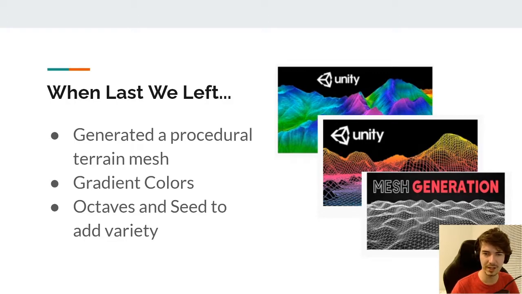We added octaves and seed to add variety to our landmass, and we started adding in a structure that would allow us to create preset biomes to our different regions.